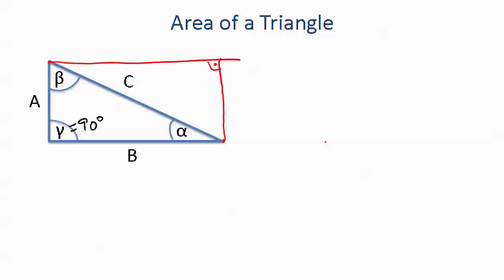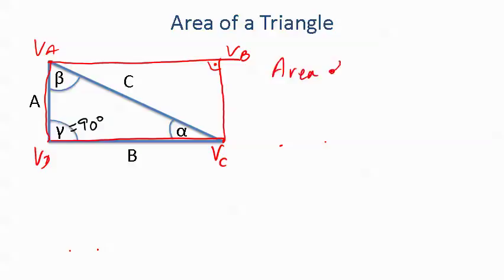So what do you observe now? We observe that we have a rectangle given by vertices A, B, C, and D. The area of the rectangle, let's call it AR, as we know, is the product of the lengths of two perpendicular sides.